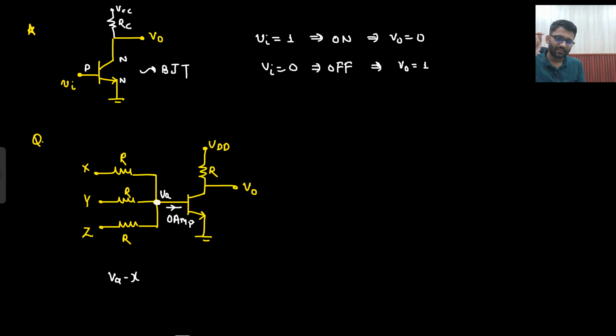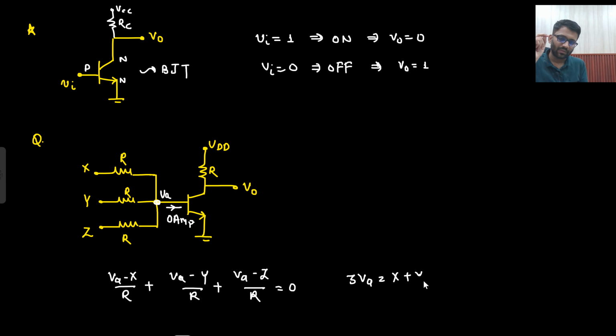(VA minus X) by R plus (VA minus Y) by R plus (VA minus Z) by R is equal to 0. So 3VA is equal to X plus Y plus Z, right? So VA is equal to (X plus Y plus Z) by 3.